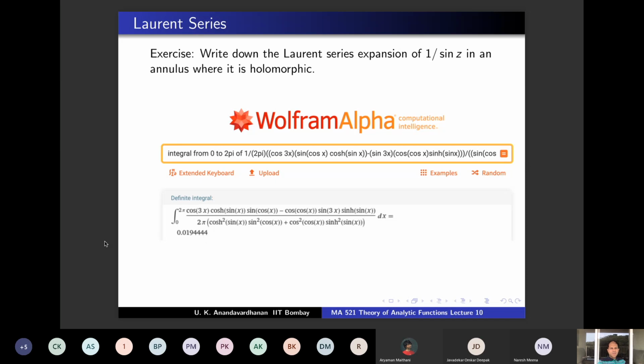Just for fun. But the point of my putting this here is to work with a lot of examples. 1 by sine z was an easy enough example. Take nice holomorphic functions, cook up nice meromorphic functions by dividing or whatever, and be comfortable with a lot of basic functions.